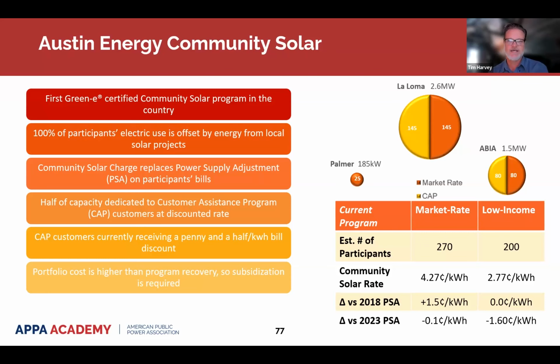And the idea is that as we add to the portfolio, our intentions are to continue to scale these projects and garner those economies of scale. And over time, as we incorporate lower cost projects, then that portfolio will eventually be able to fully recover through the market rate subscriptions.